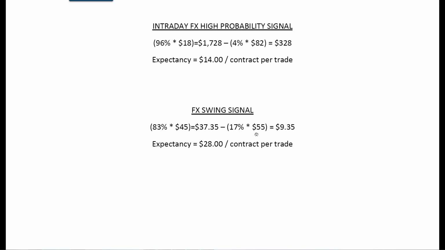But since it's only 17% of the time, 17% of $55 is $9.35. So when we get into a swing trade, 37.35 minus 9.35 means that we should expect $28 per contract per trade as the expectancy.